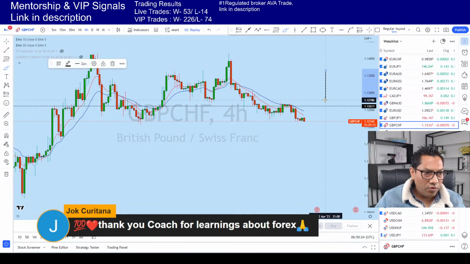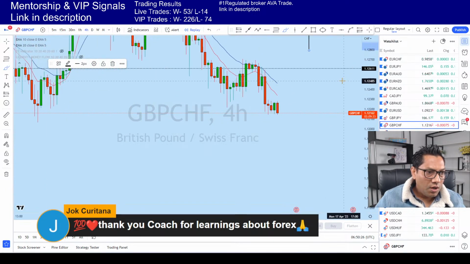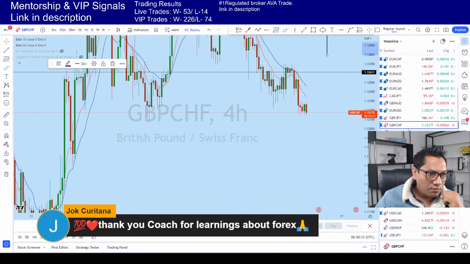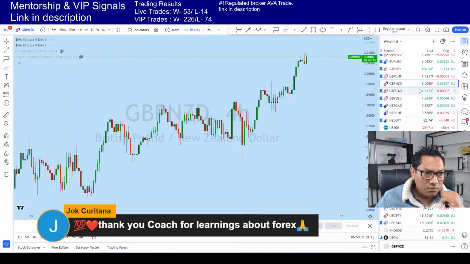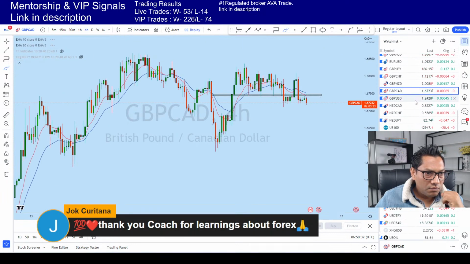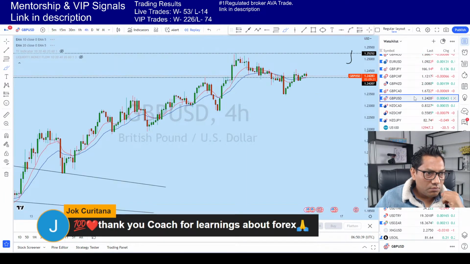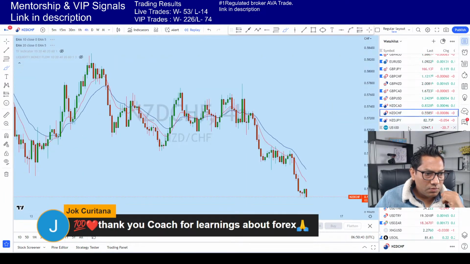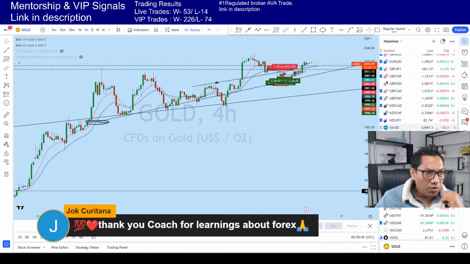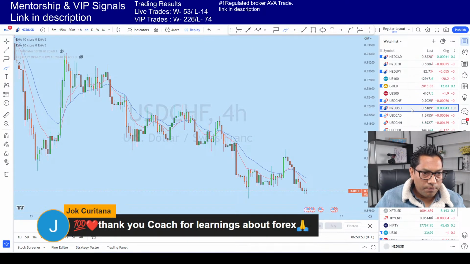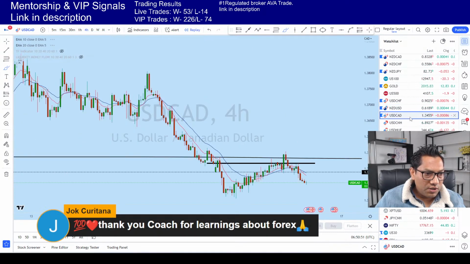GBP CHF also showing a very strong bullish price action on this one. I'm just looking at all of them. Okay, so gold is in a pullback, which is a very good point for us. Let me look at dollar CAD.